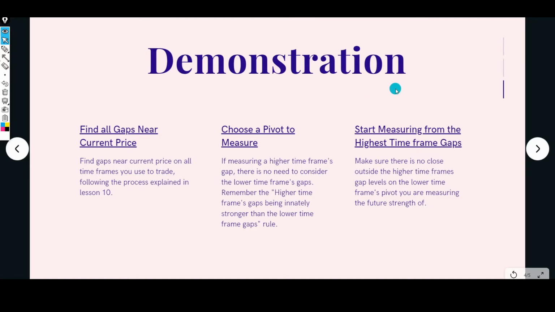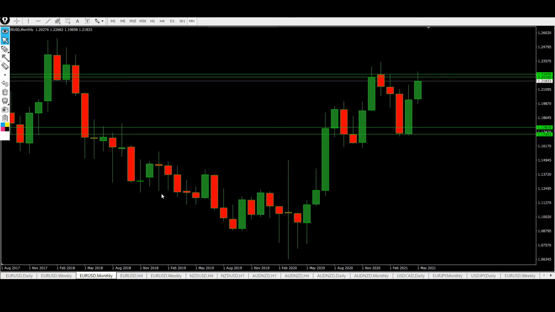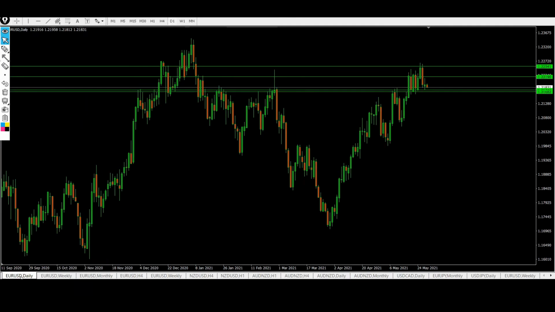All right, demonstration. Number 1, find all the gaps near current price. So find the gaps near current price on all time frames you use to trade, following the process explained in lesson 10. Okay? All right, so for this demonstration, we'll be using the monthly chart, the weekly chart, and the daily chart.